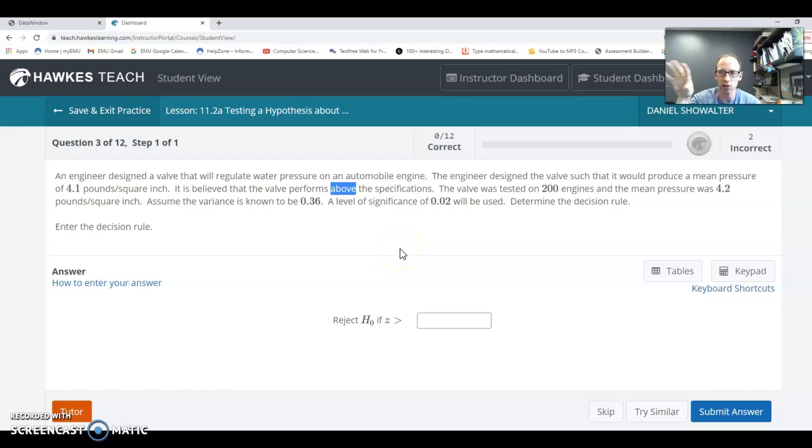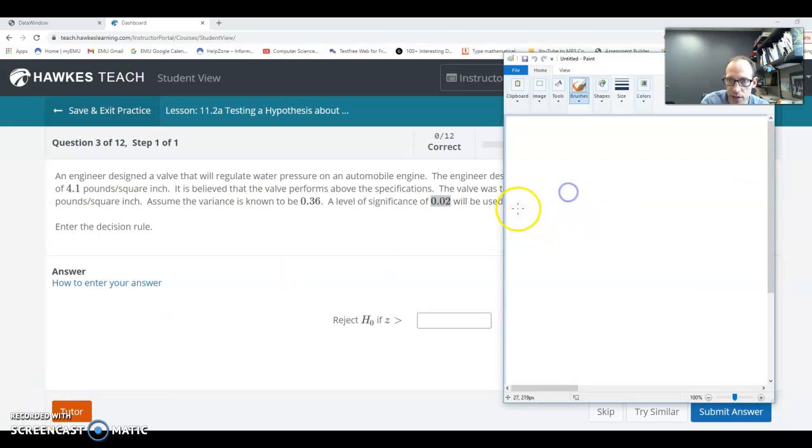We only are looking here in the right tail. If it would have said performs below, we would have had a less than sign. If it would have said performs different than the specifications, we would have had to do both tails, so left and right. So since we just have one tail, this entire 0.02 is packed into that single tail.